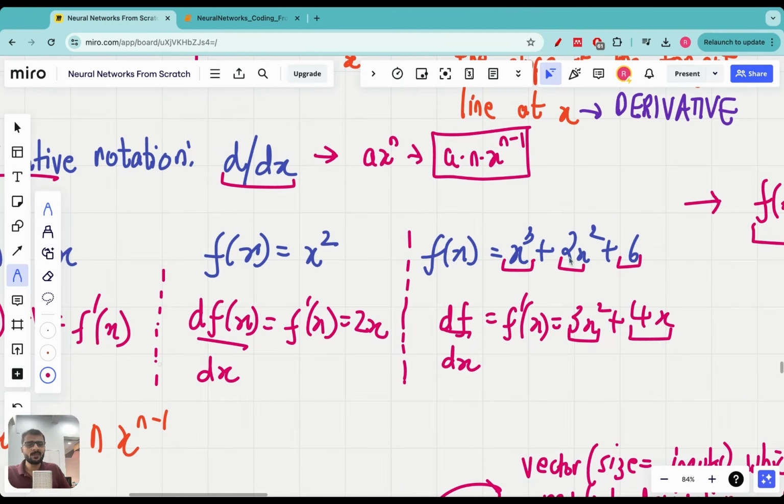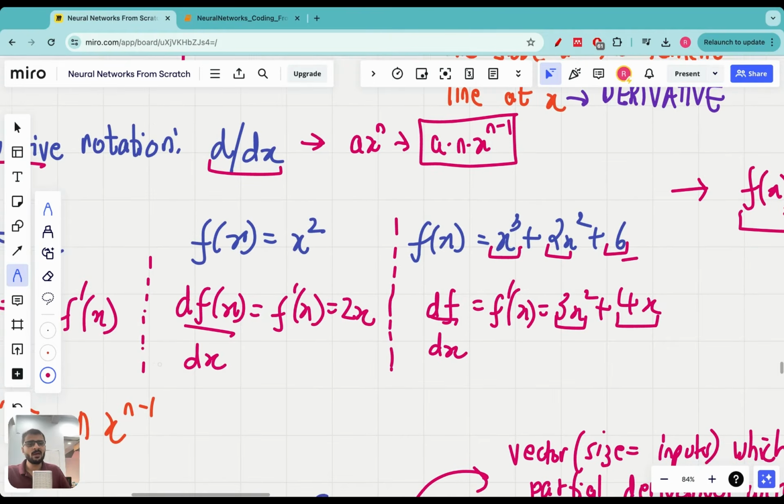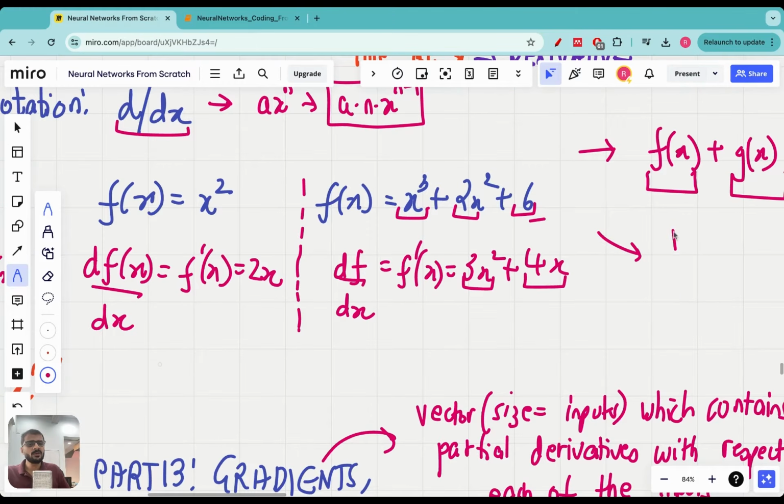So if you look at the summation of functions here, x cube plus 2x square plus 6, if I want to find the derivative of this combined function, I just find the derivative of the first, which is 3x square, add it to the derivative of the second, which is 4x, and add it to the derivative of the third. Remember that the derivative of a constant is always 0. And to get an intuition for this, always try to visualize the graph. So for a constant function, the graph will always look like this, right? So if you find the slope at any point, it's always a horizontal line. So the slope is 0.